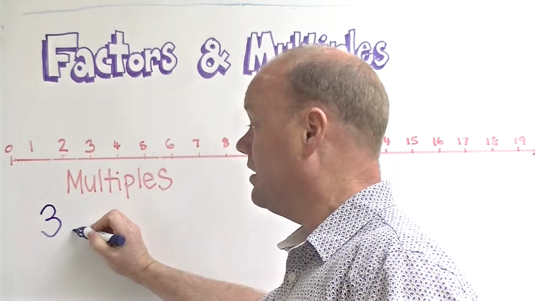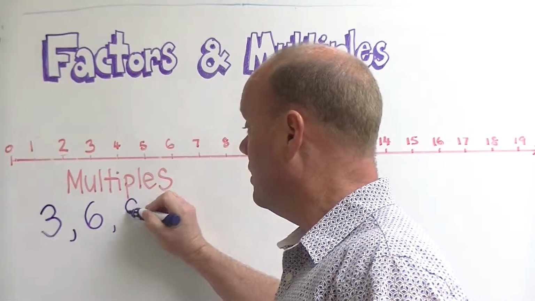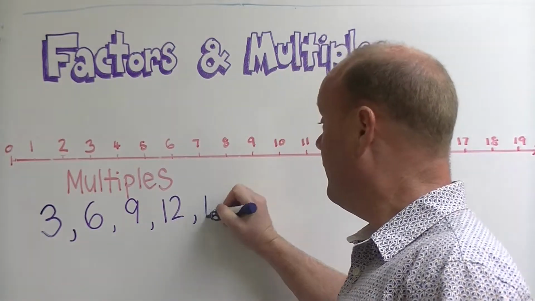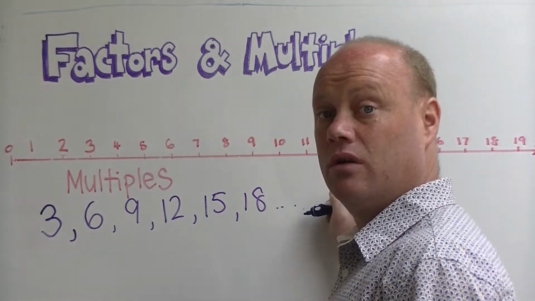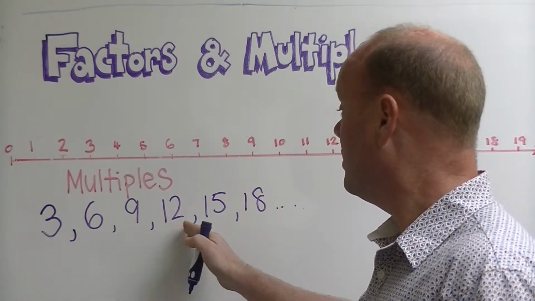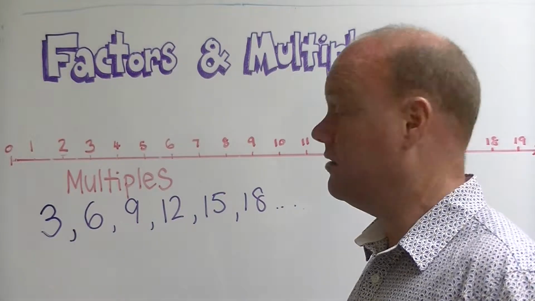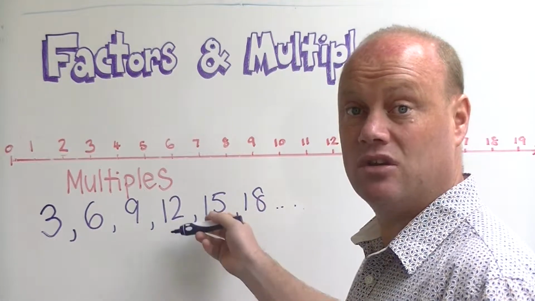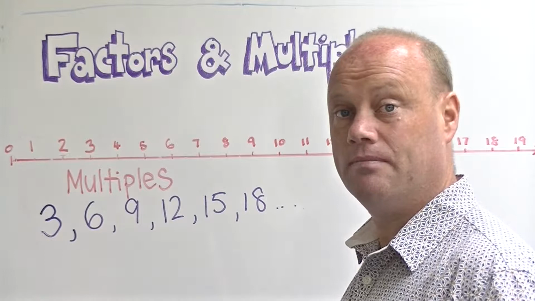So if I keep continuing 3, 6, 9, 12, 15, 18, and so on, all of these numbers are part of the 3's multiplication pattern. So 6, 9, 12, 15, 18 and so on are what we call multiples of 3.